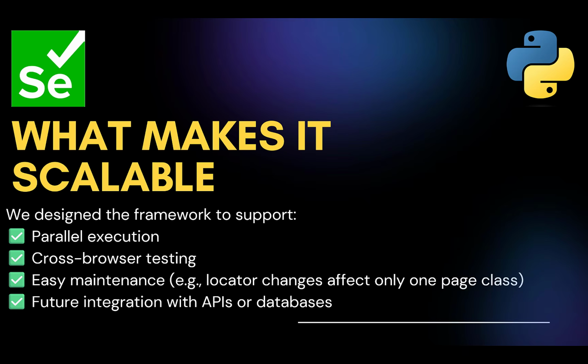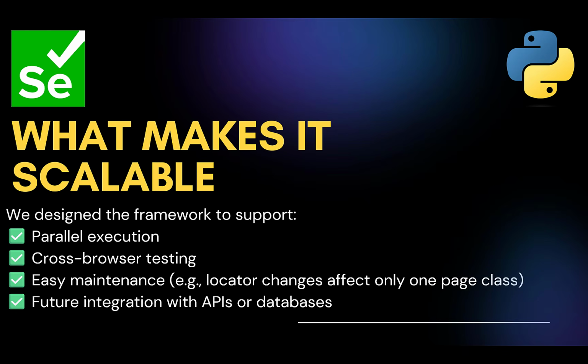So whatever you have implemented, you need to talk about how your framework supports parallel execution, how your framework supports cross-browser testing, how your framework is scalable in terms of easy maintenance. Because here, easy maintenance is one of the most important things. If you are unable to maintain your framework, it means that it's really hard to scale, right?